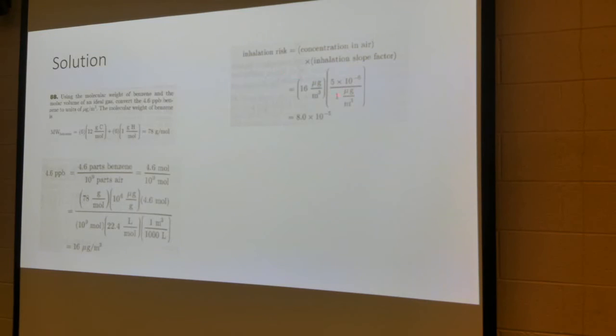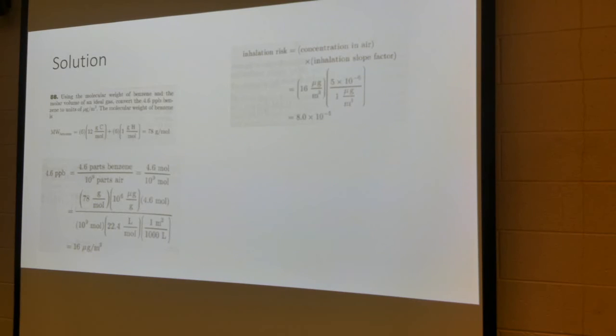So basically, we're going to have the 16 micrograms per cubic meter multiplied by the slope factor, which was also given per microgram per cubic meter. So that's going to give us a dimensionless number, about 8 times 10 to the minus 5.